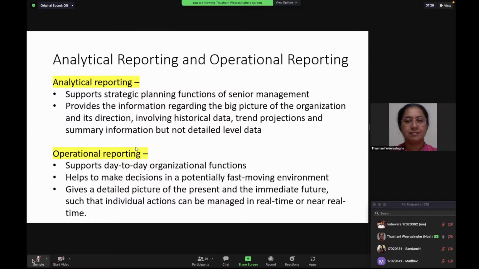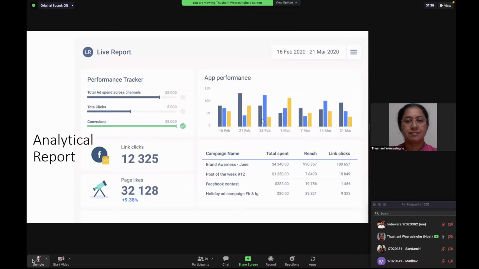Now you should be able to compare these two, analytical reporting and operational reporting. That's what we discussed so far. When you think about the reports, you should be able to see what sort of information should go to the analytical reports and what sort of information should go to the operational reports.